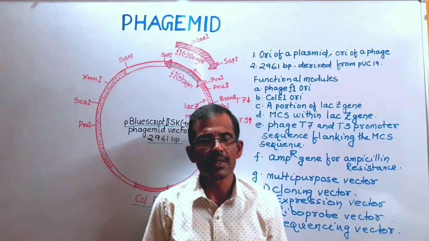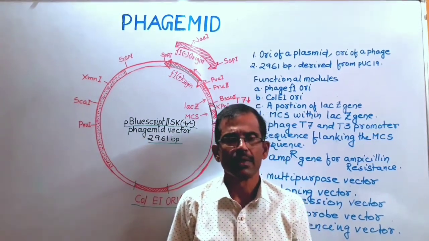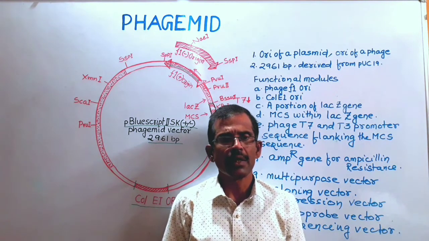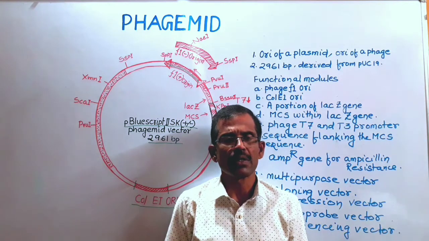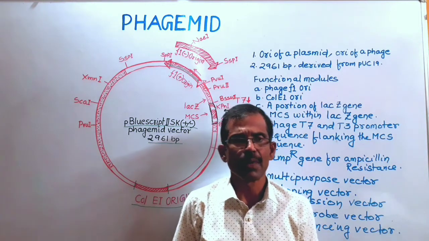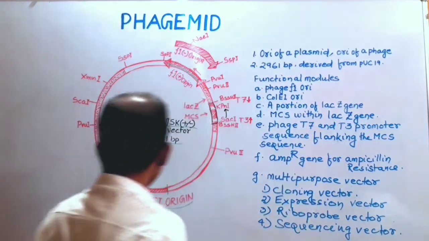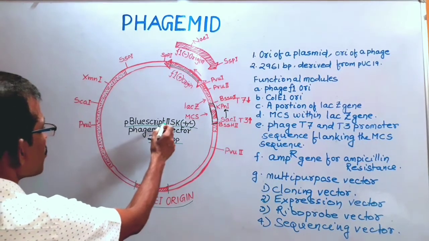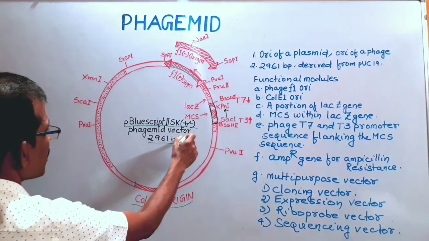Today we shall discuss about Phagemid. Phagemid is a plasmid that contains an origin of replication from a bacteriophage in addition to that of a plasmid. As an example, we will discuss about pBluescript II SK plus and minus.